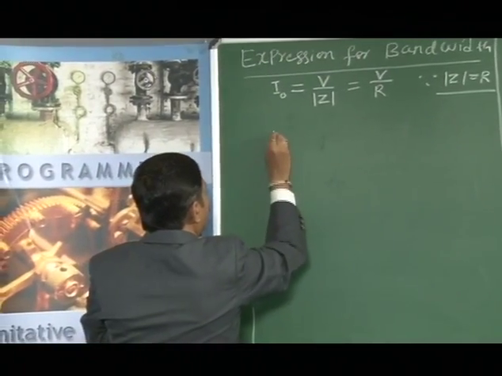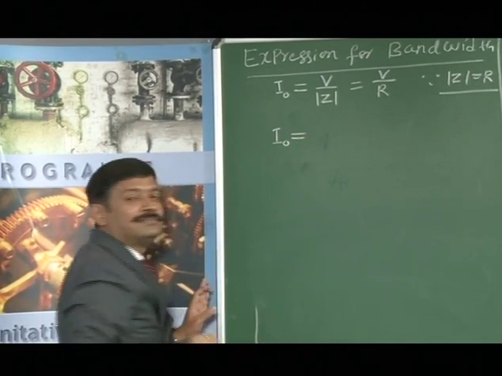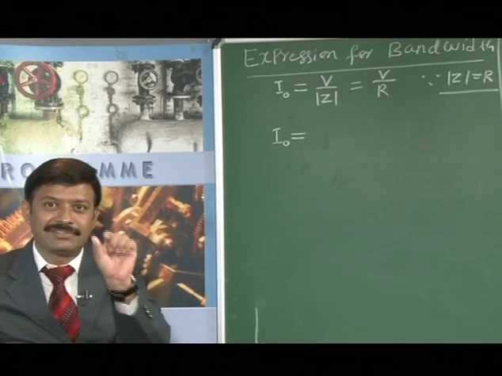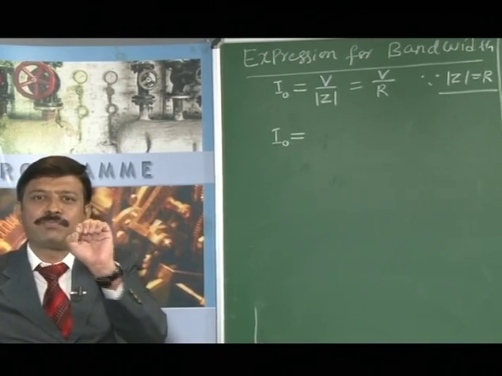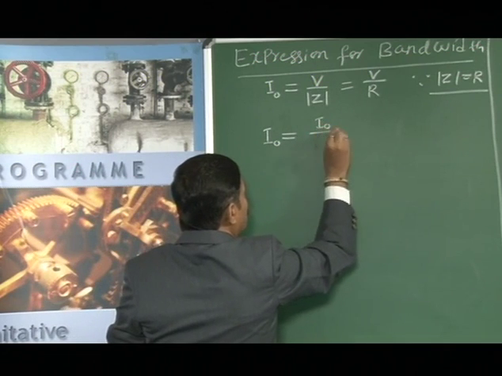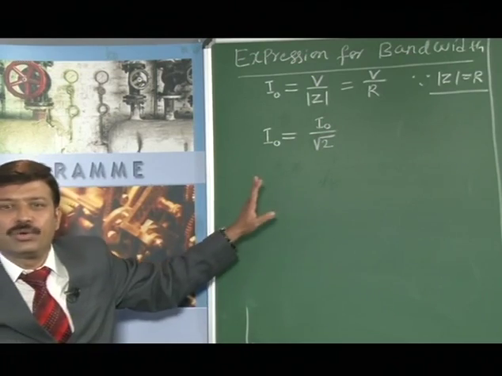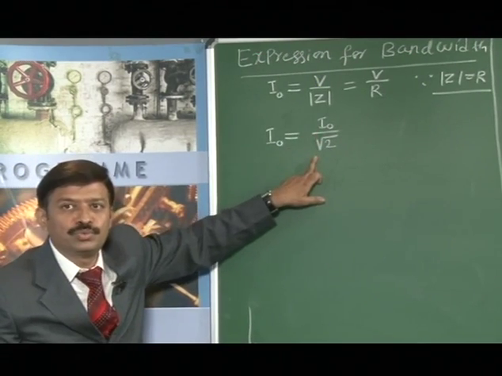Also, we know that current at the minus 3 dB point, that is at the half power point, is I naught by root 2.